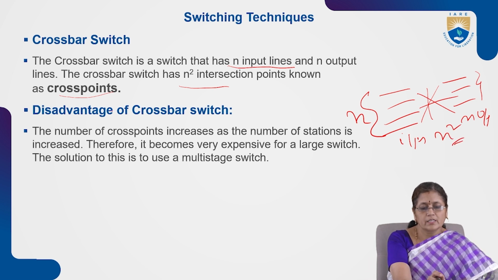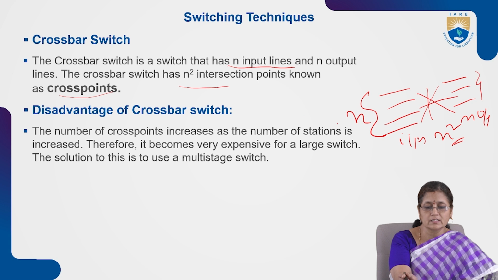The disadvantage of this crossbar is that the number of crosspoints increases as the number of stations is increased. If n lines are there, n square intersection points will be there. Hence this becomes very expensive for large switches.